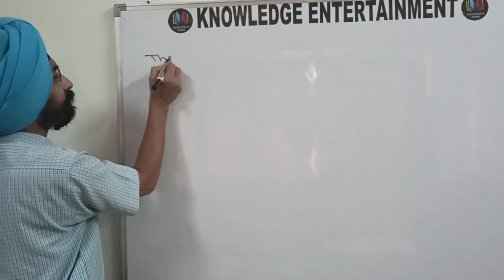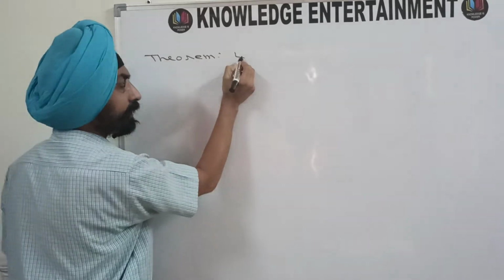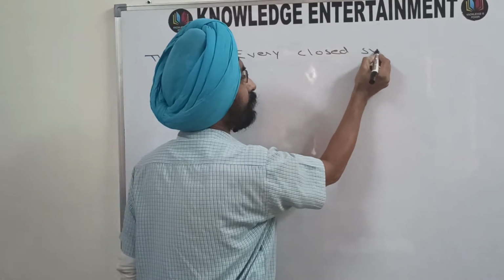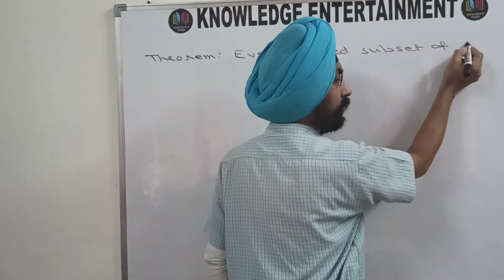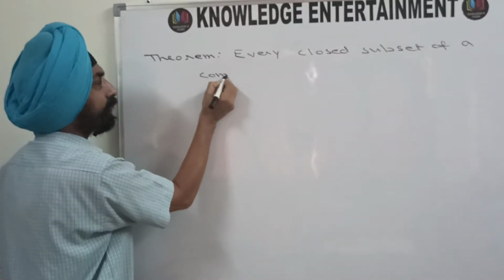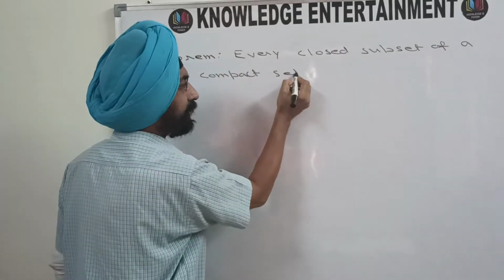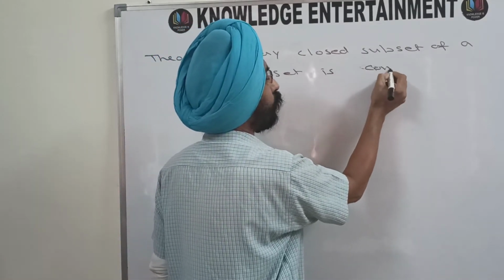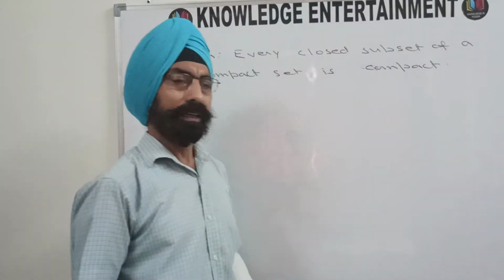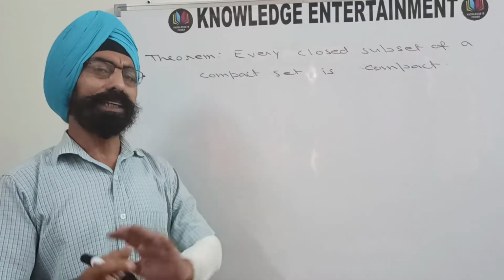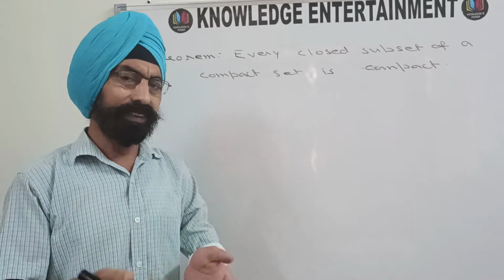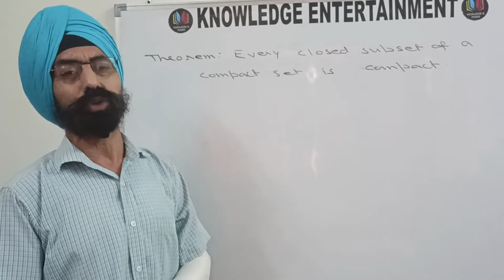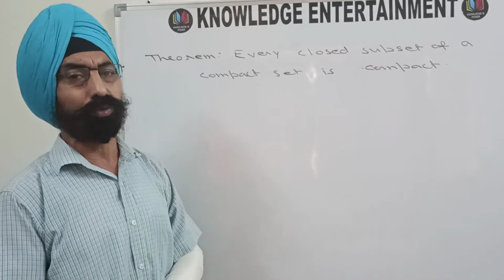The next theorem which I am going to take is: every closed subset of a compact set or compact space is compact. If a set is compact, or if a space is compact and we are taking a closed subset of it, then that particular closed subset will also be compact. That is the next result we are going to prove today.